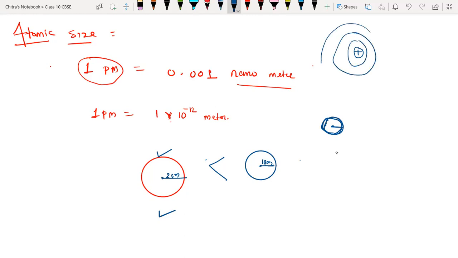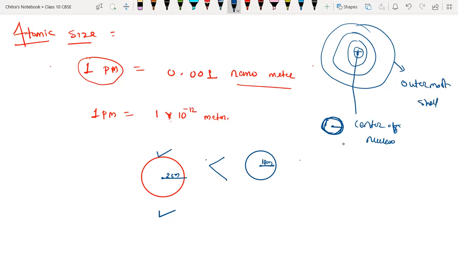If we want to measure the distance from the center of the nucleus, this is the center of the nucleus, and here we have the outermost shell. The distance from the center of the nucleus to the outermost shell is called the atomic radius.